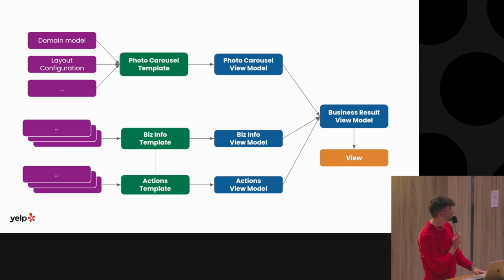The goal of the template is to then generate a view model that actually represents how the view is going to look. Then we take all the view models from each view, we combine them together into the bigger view model that represents the business result, and from the view model, we generate the view.